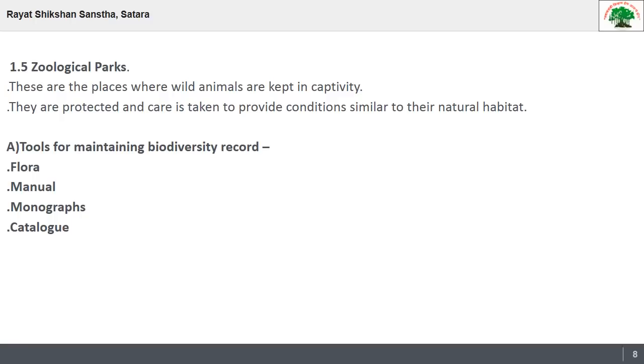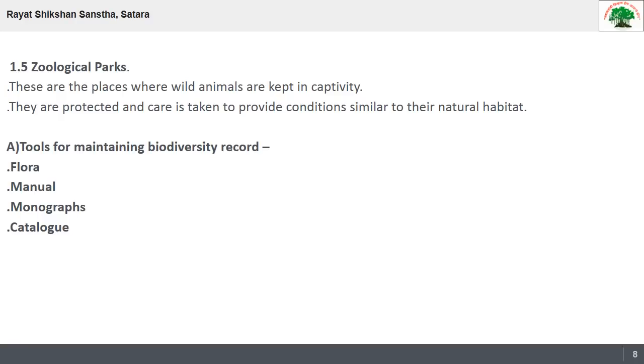Then the next one is tools for maintaining biodiversity record. There are four tools: flora, manual, monograph, catalog. These tools are very important for maintaining the biological record or biodiversity record.